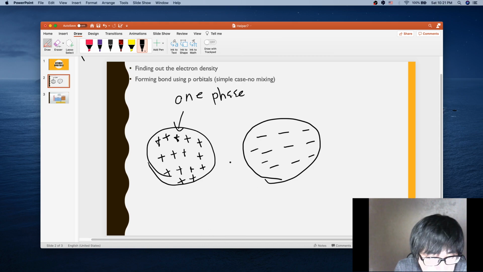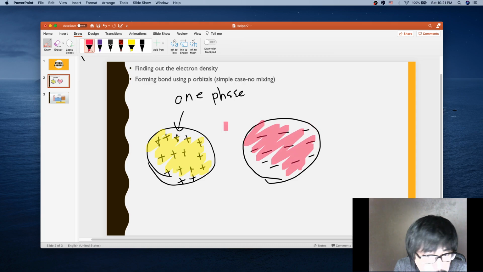Alright, so let's just say that I have these two atoms. That one right there represents one hydrogen atom, and that one right there represents another hydrogen atom, right? And then I'm going to make these approach each other, making these guys close together.